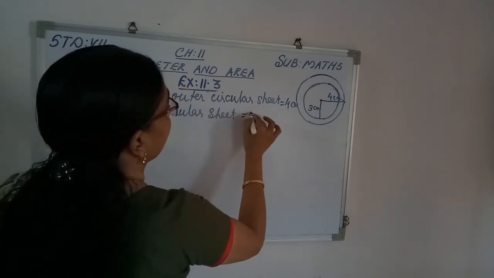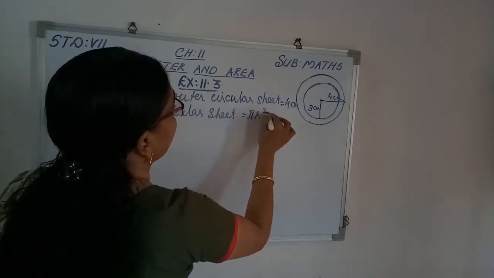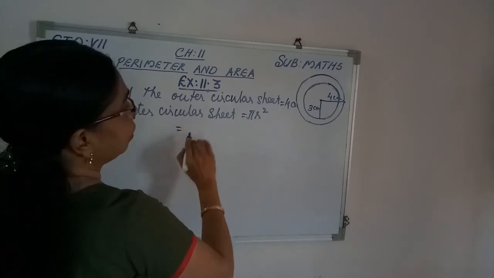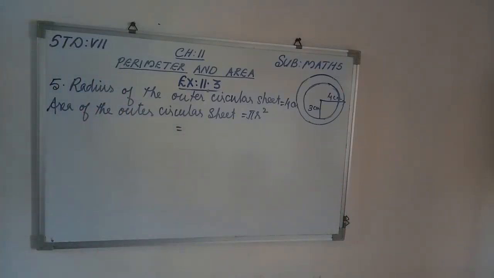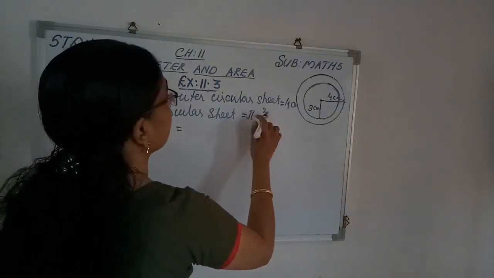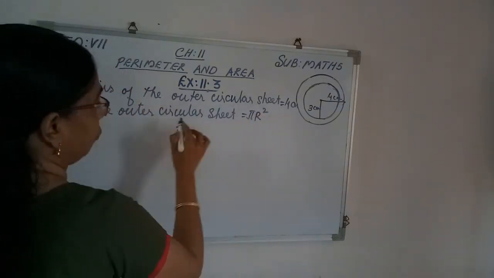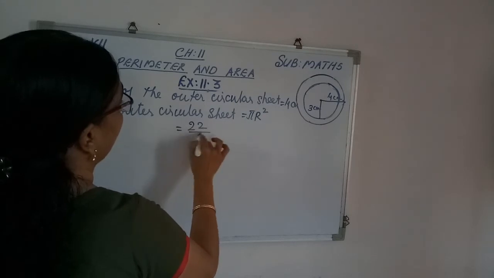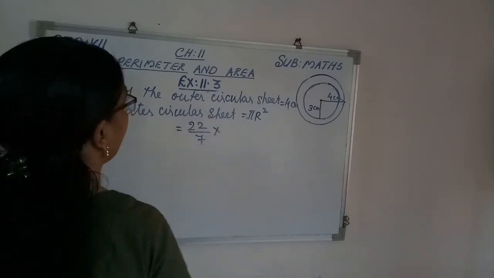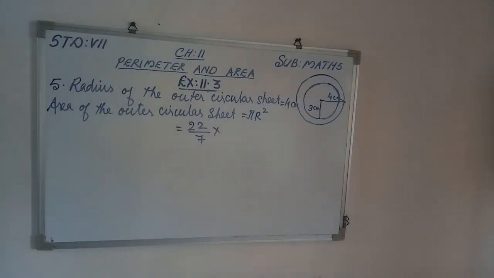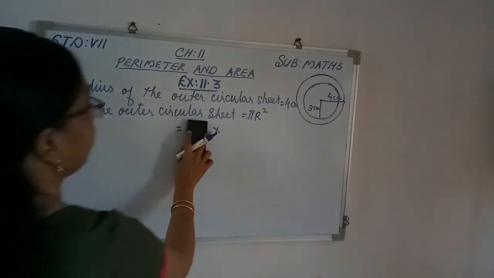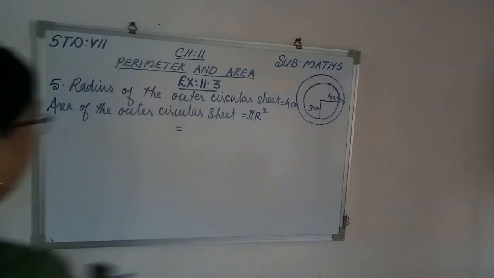What's the formula? Pi r square. Here, let the radius of the outer circular sheet be capital R. So I am using capital R, pi R square. Pi you have to take as 3.14, not 22 upon 7.